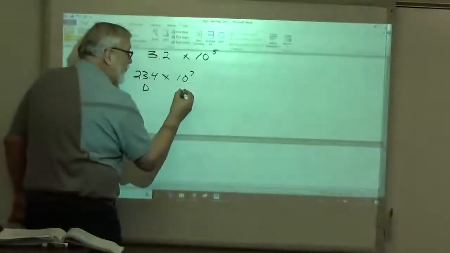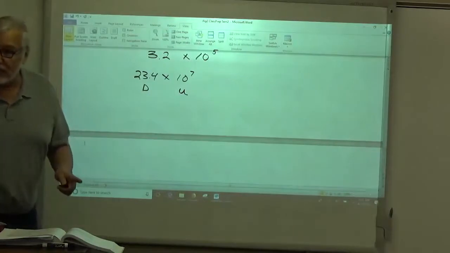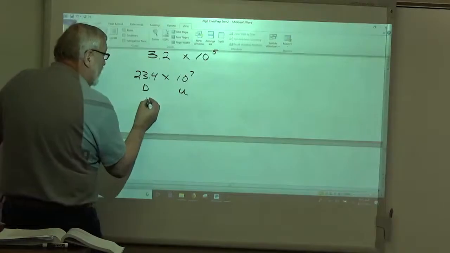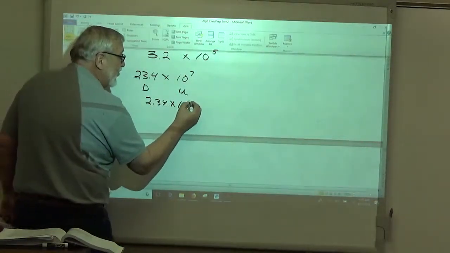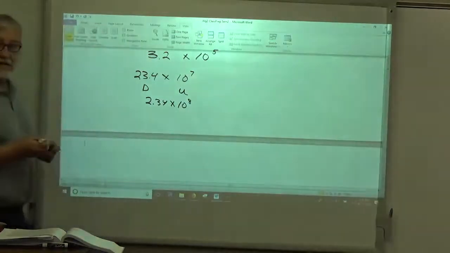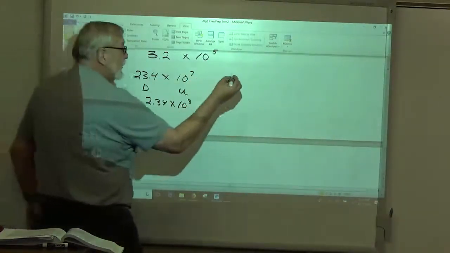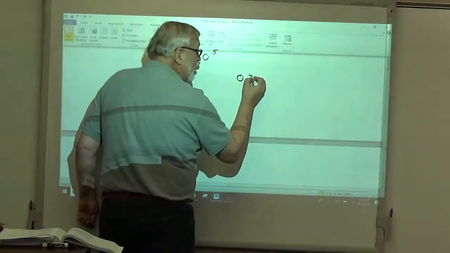If this goes down 1, then this has to go up 1 in order to not change the answer. Does that make sense? So therefore, this becomes 2.34 times 10 to the 8th. Now let's do it the other way. Suppose you had a division problem and you ended up with this.